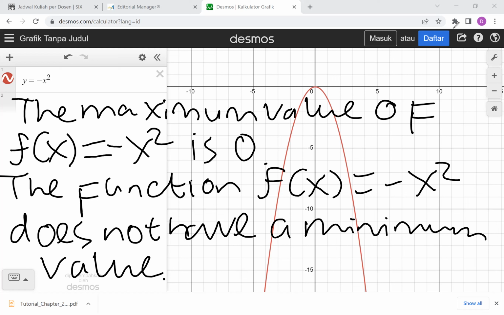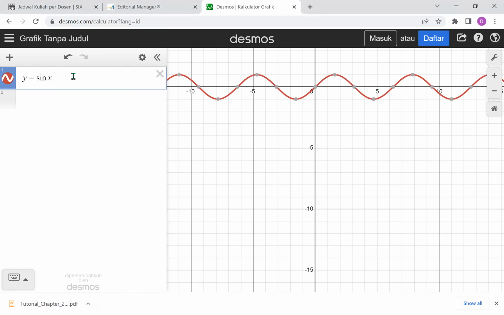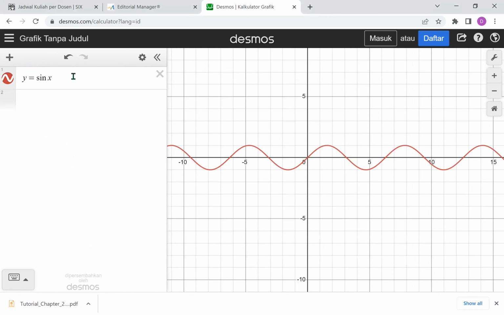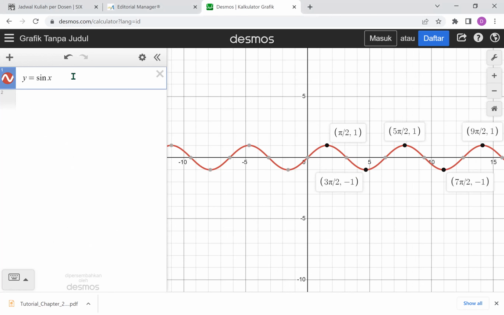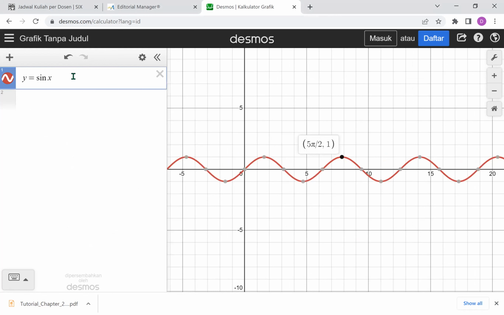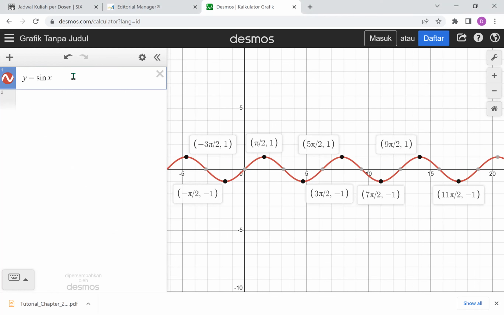So of course, if you consider, let's say, y equals sine x, what is the maximum value? The maximum value is 1, and the minimum value is minus 1. The maximum value can be attained at infinitely many numbers, let's say pi over 2, 5 pi over 2, minus 3 pi over 2, and so forth. And the minimum value is attained at minus pi over 2, 3 pi over 2, 7 pi over 2, and so forth.